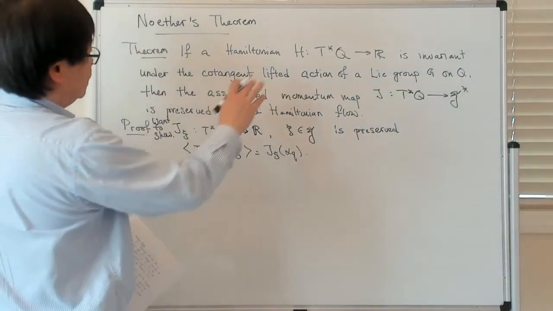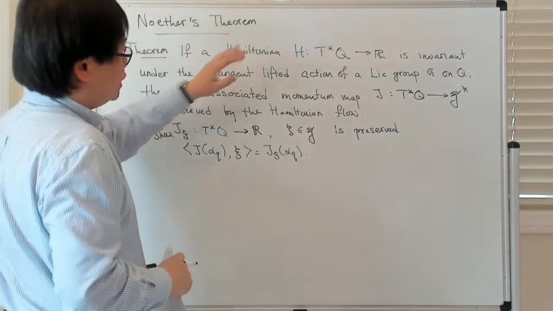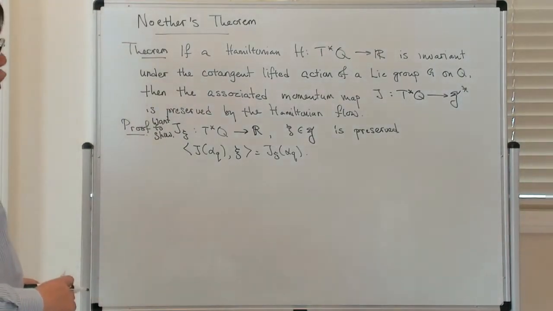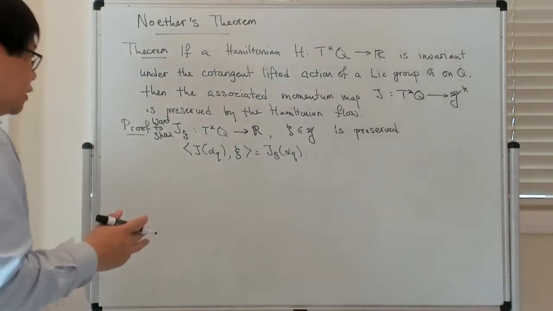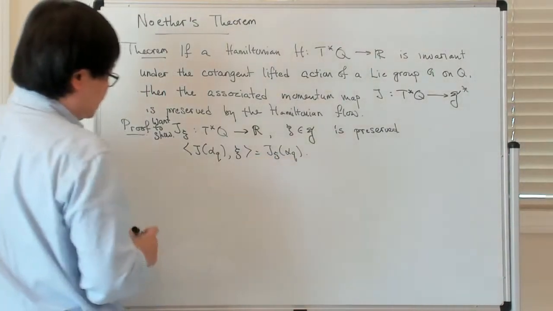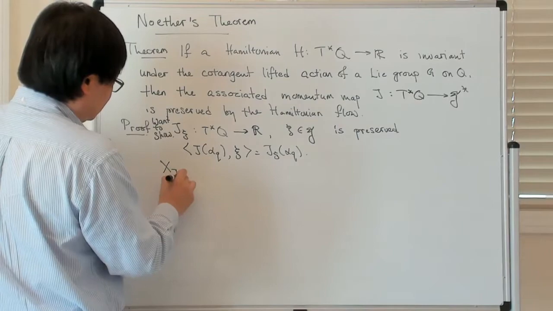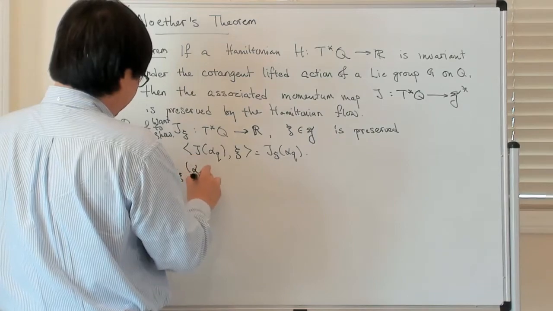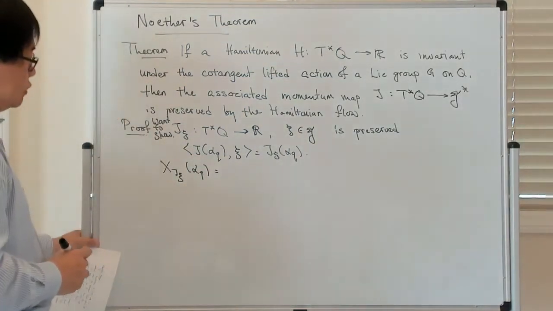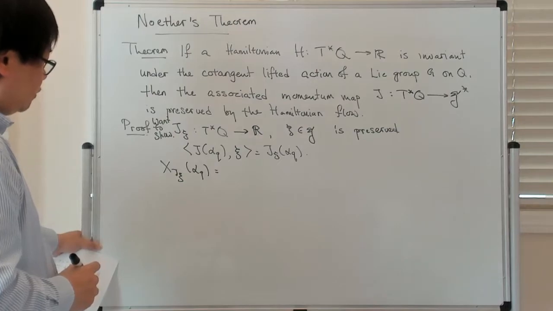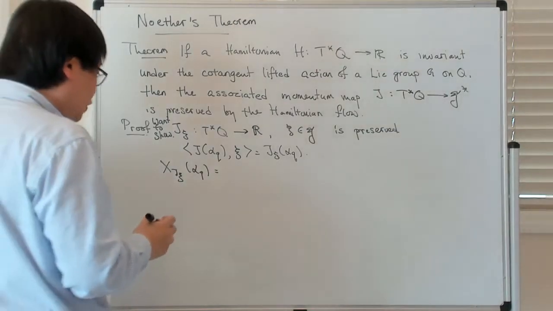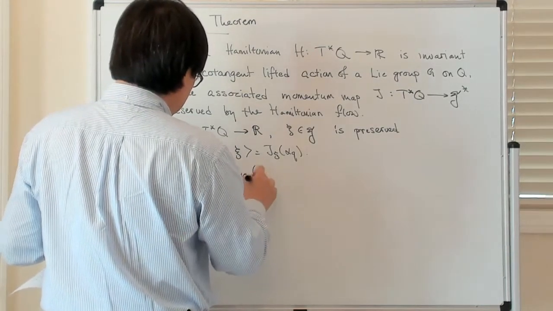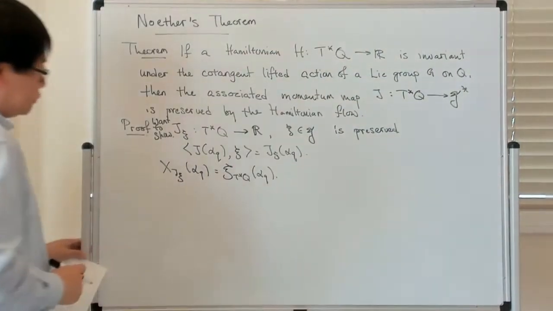So, let's start with the hypothesis, which is that we have a Hamiltonian which is invariant under the cotangent lifted action of the Lie group G on Q. If you recall, what is special about J_C was that the Hamiltonian vector field associated with it, evaluated at alpha_Q, was equal to the infinitesimal generator C on T*Q, evaluated at alpha_Q.